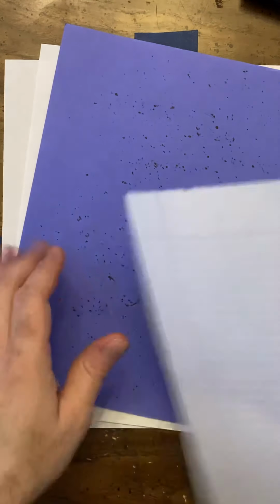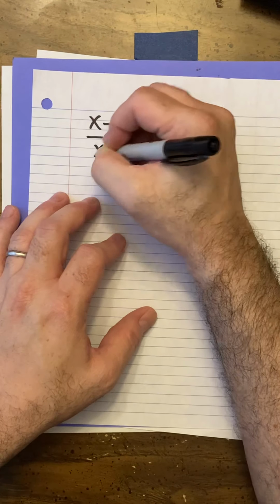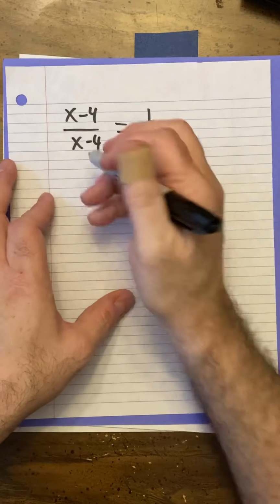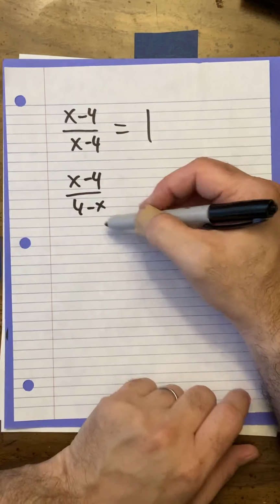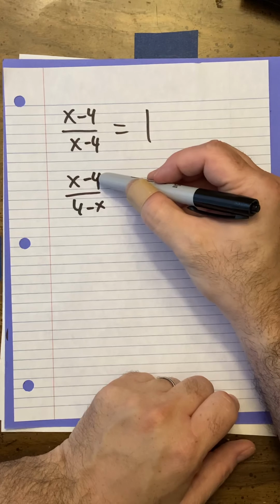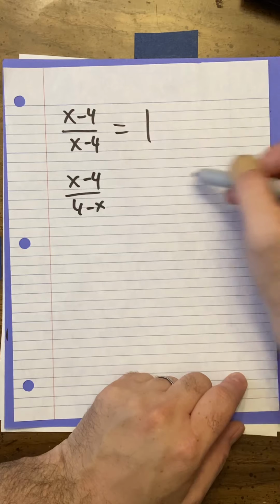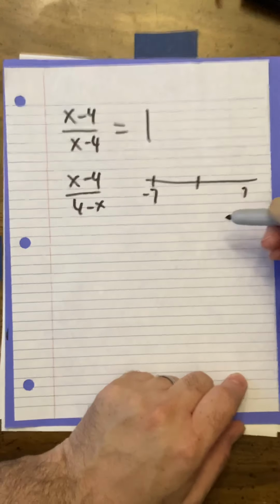So here's the thing. If I have x minus 4 over x minus 4, these things are identical. This is just 1. But if I have x minus 4 over 4 minus x, this isn't going to be 1. In fact, this is exactly the opposite of this. Wherever this number is on the number line, let's say it's at 7, then this one is going to be the opposite case at negative 7. And what do I mean?